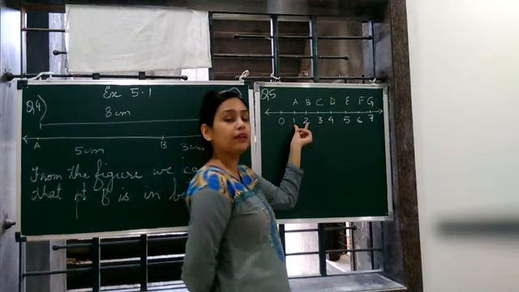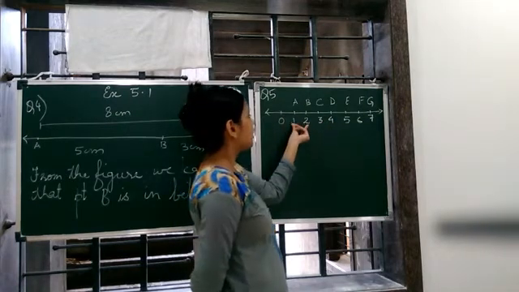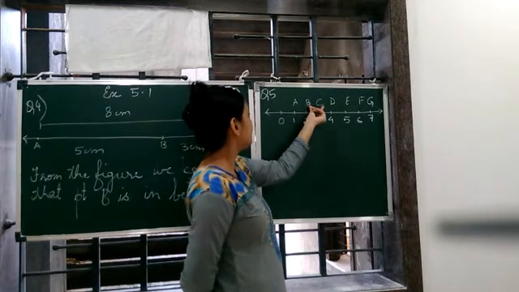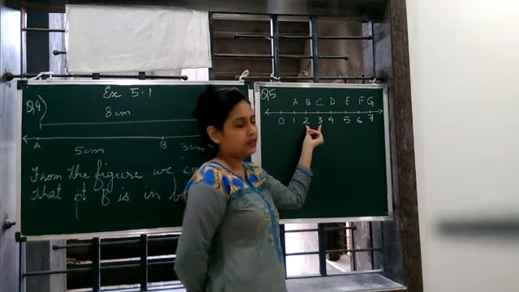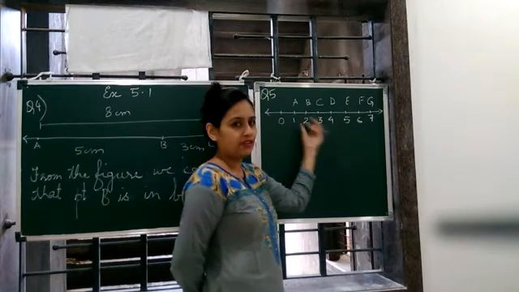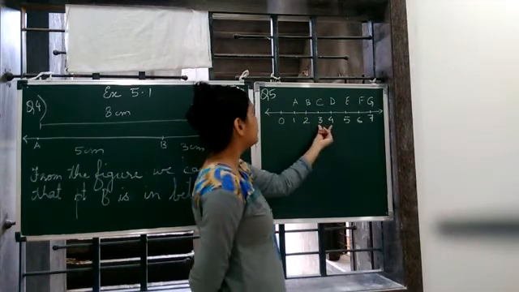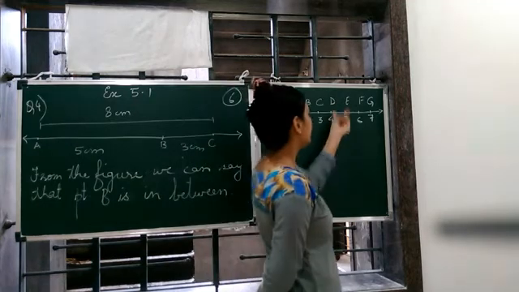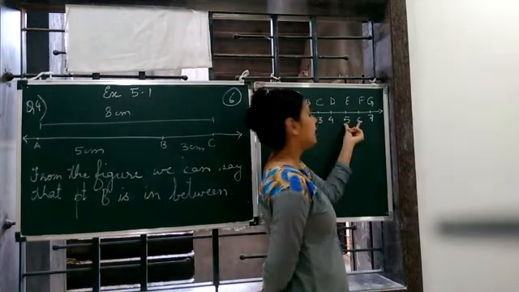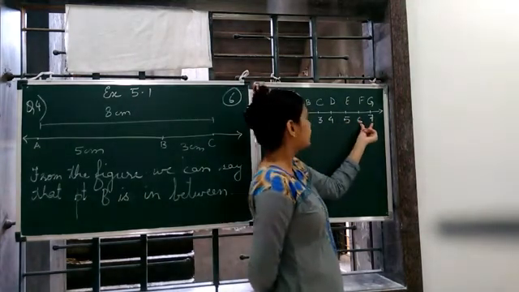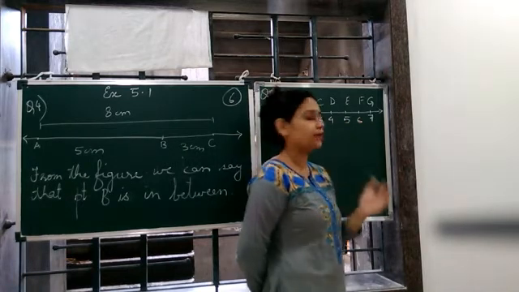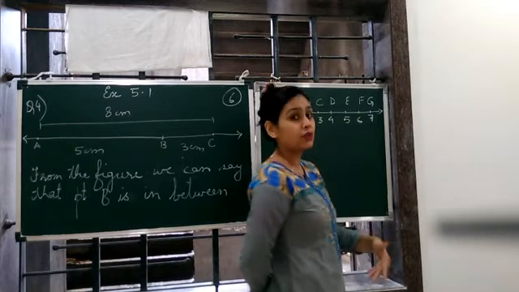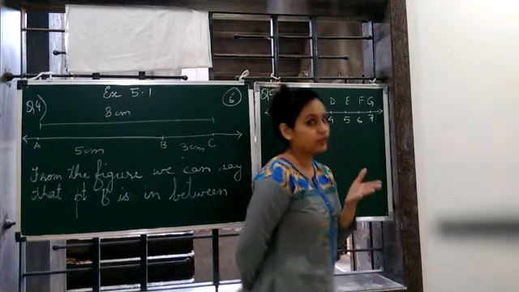So we take them as unit. Like AB is equal to 1 unit, BC is equal to 1 unit. Unit means it can be centimeter, meter, kilometer, anything, but it is not specified. So we are just writing unit. CD is equal to 1 unit. Similarly, DE is equal to 1 unit. EF is equal to 1 unit and FG is equal to 1 unit. Like we see AB is equal to 1 centimeter, but the unit is not given.